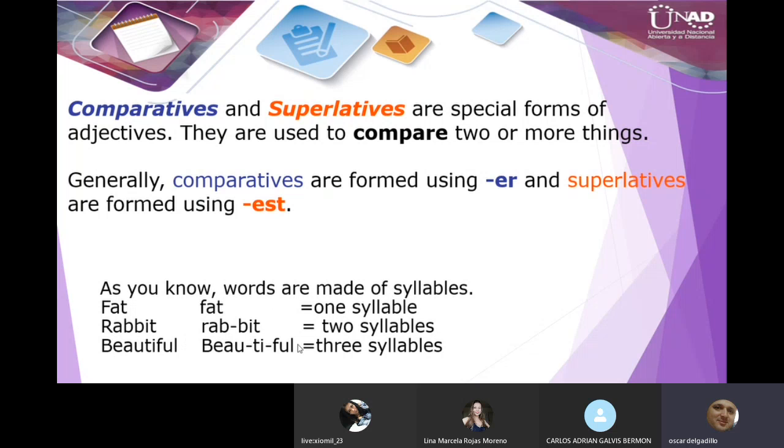Rabbit has two syllables. Rabbit. And beautiful has three syllables. Beautiful. It's similar, like in Spanish, that we divide the words in syllables.